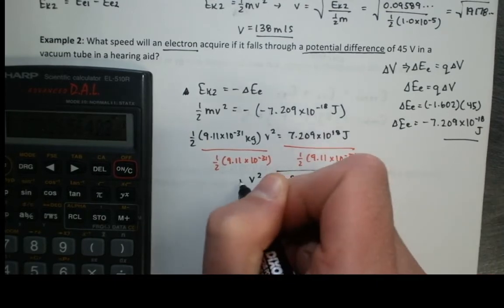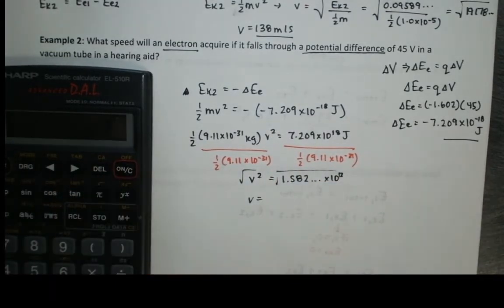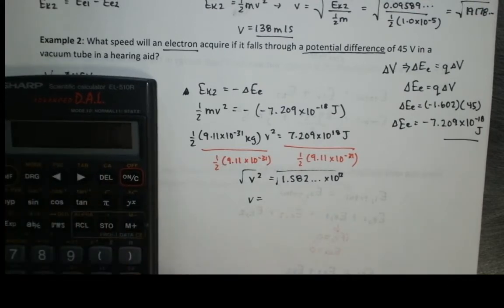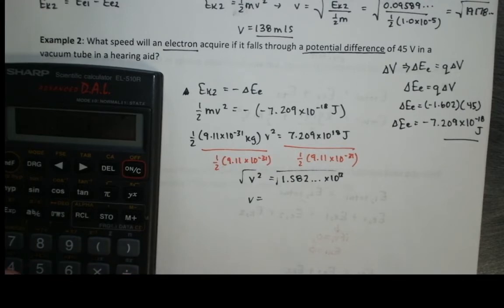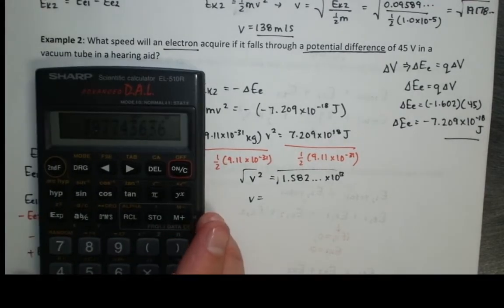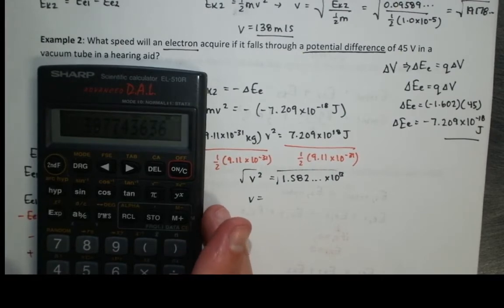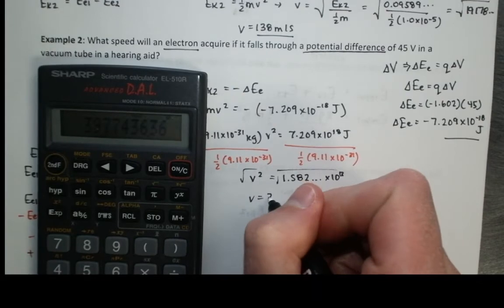Of course, we would need to square root that. Square root of 1.582 exponent 13, we get 3,977,436.